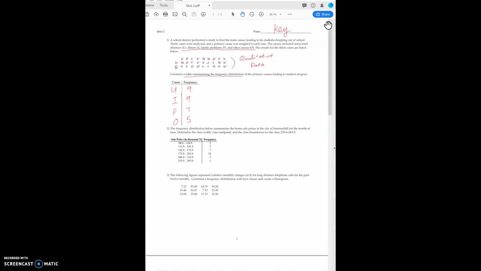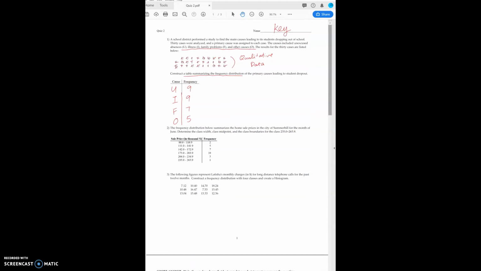And number 2, we have the frequency distribution summaries here. And then they want us to find the class width, the midpoint, and the class boundaries for the class of 235.0 to 265.9, which is this one. The class width is going to be the same for any class.